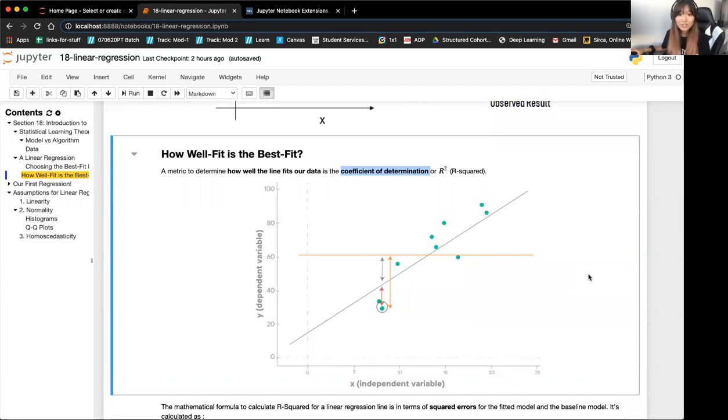What the R squared is doing is comparing your line to a baseline model. Does anyone know what the idea of a baseline is? Any ideas? Imagine I'm training for a 5K. I've never run in my life, and I run my very first 5K and get a time of about an hour.